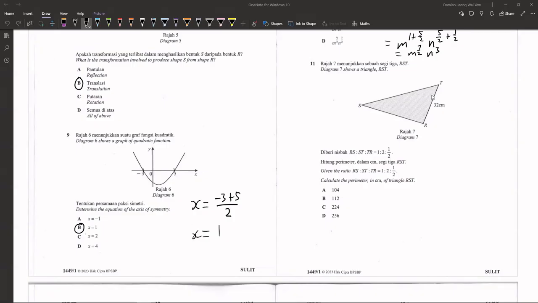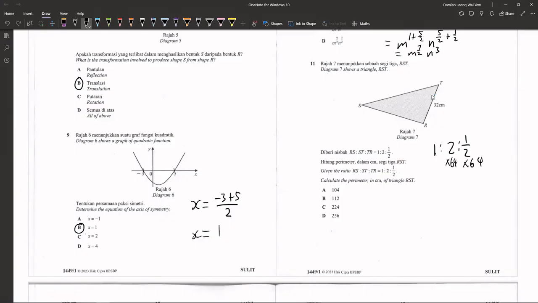So we have to use the ratios to find the lengths, to relate all the lengths. So, quick way of doing this, 1 to 2 to 1 over 2 is RS to ST to TR. I have the length of RT, means TR. So I need TR to be 32. To change 1 over 2 to 32, I can multiply 64.